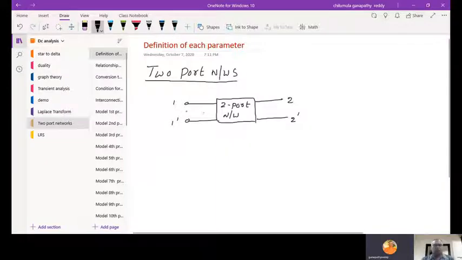And port is described with voltage and current. Port 2, V2 and I2.